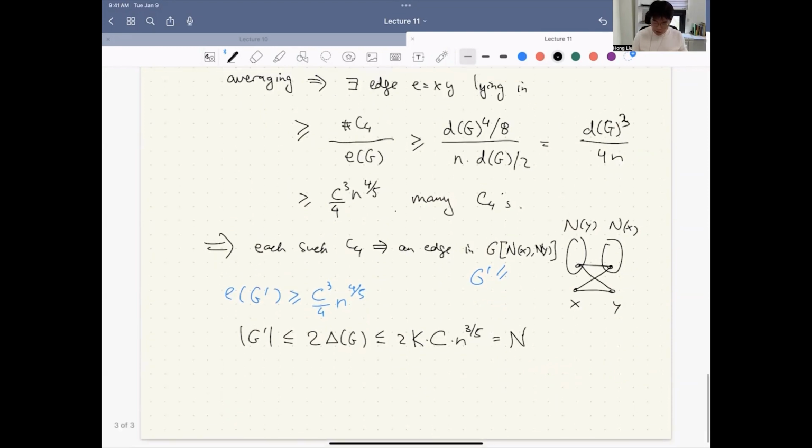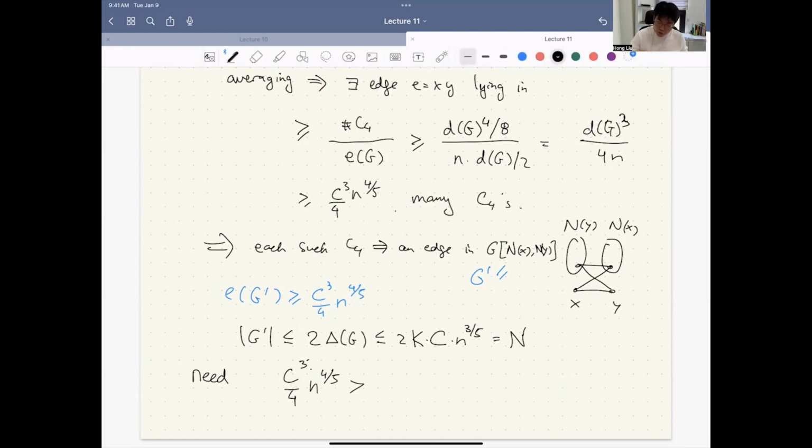So we just need E of G prime, which is more than this number of edges, to be bigger than the C6 bound, N to the 5, capital, sorry.